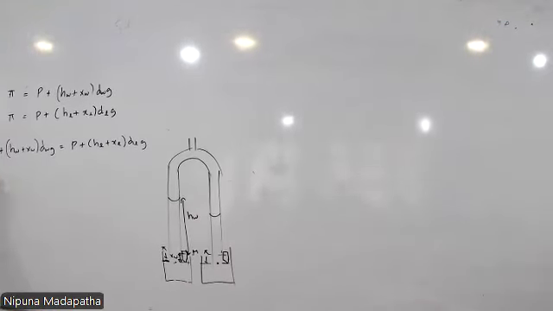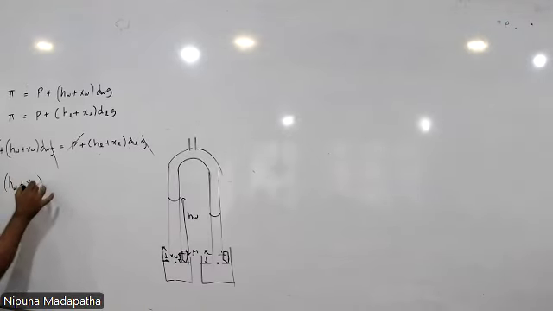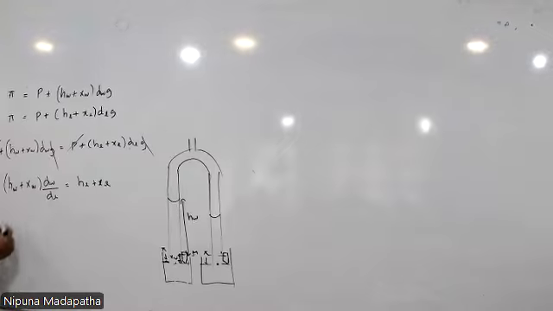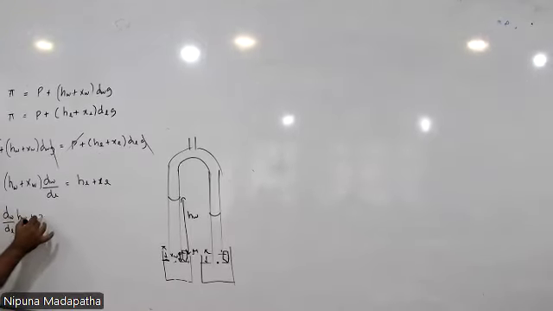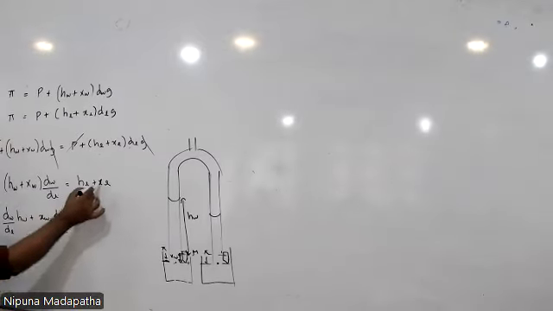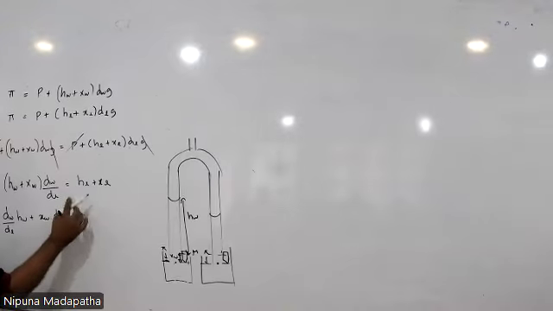We need to subject HL. Divide all these terms by dL. XW plus HW dW over dL. Right. So expand the brackets: dW over dL times HW, XW times dW over dL. Take this XL to the other side.